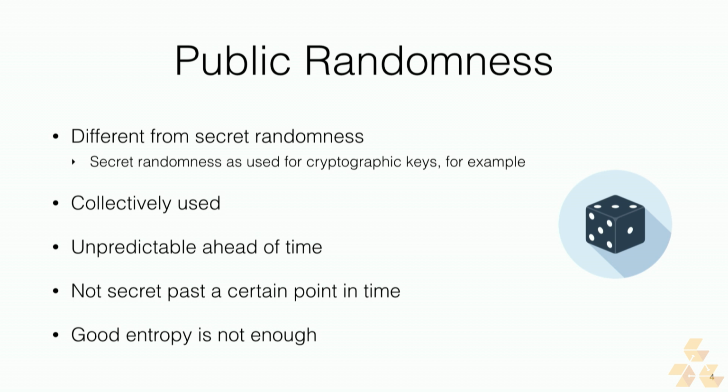On the other hand, public randomness is only kept secret up to a certain point in time. Up to that point in time, it has to be unpredictable. Afterwards, you reveal that randomness and you use it collectively. So for that kind of randomness, just having good entropy is not enough.